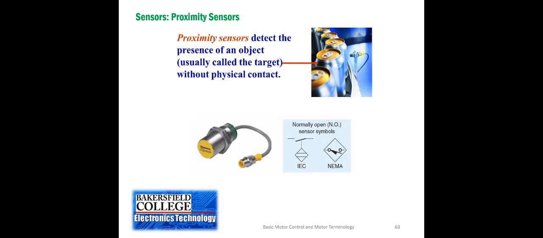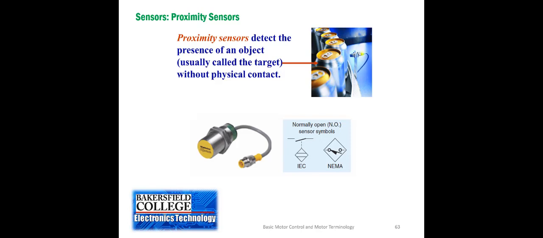Now, this is one use of the word sensor that is commonly accepted, but it's rather incorrect. A proximity sensor is actually a proximity switch. I call it a proximity detector, because what it does is to detect the presence of an object close by the sensor without having to make physical contact with it.